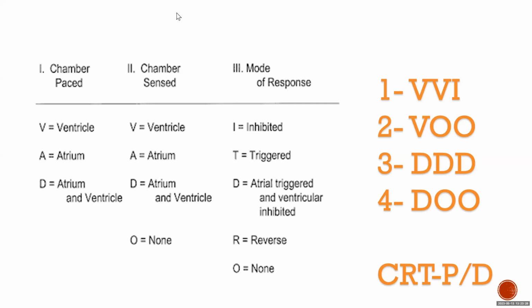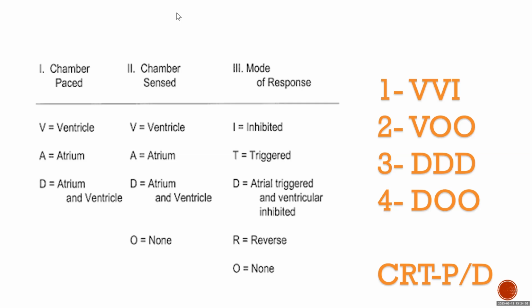When you have left bundle branch block, because of the block, the LV contracts later than the RV. We put the lead in the LV, and then we pace both at the same time, which helps with heart failure. Now, this CRT can be pacing only, or it can be pacing with ICD function. In that case, we call it CRT-D, cardiac resynchronization therapy with defibrillation.